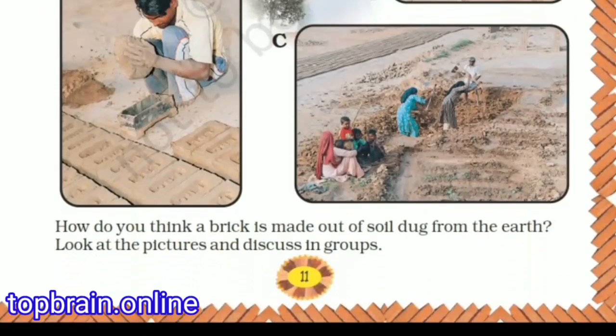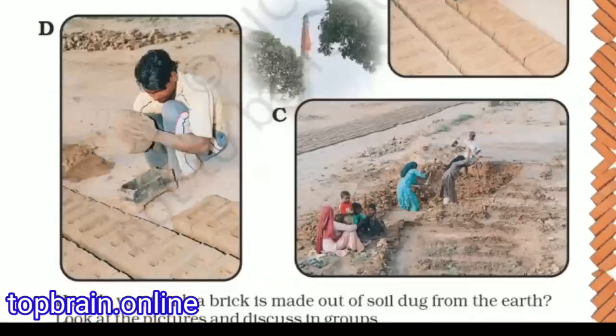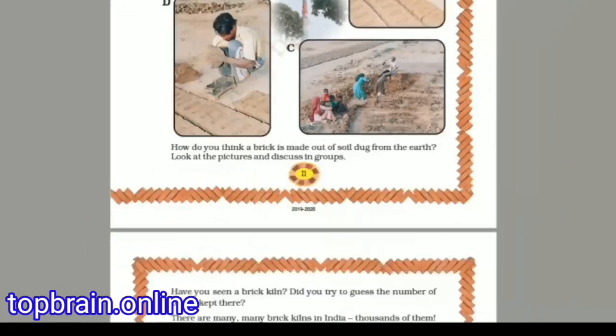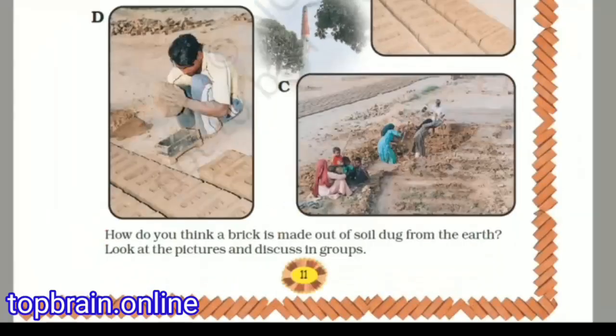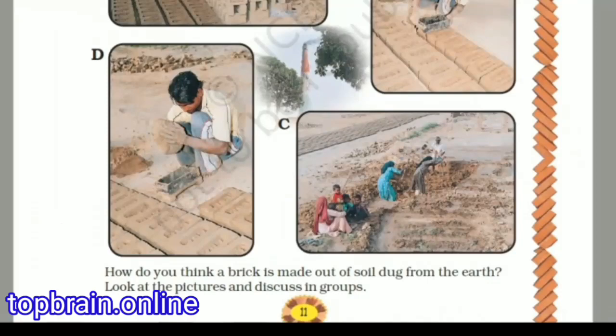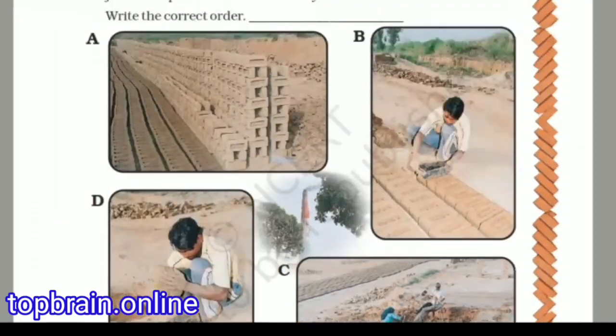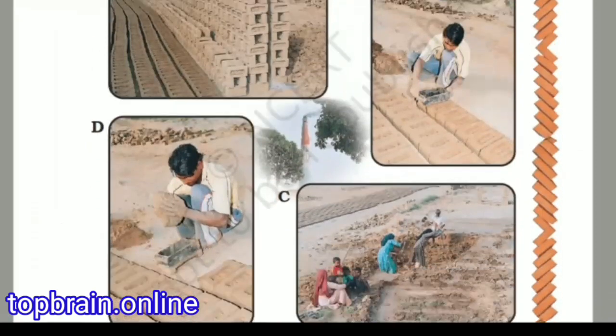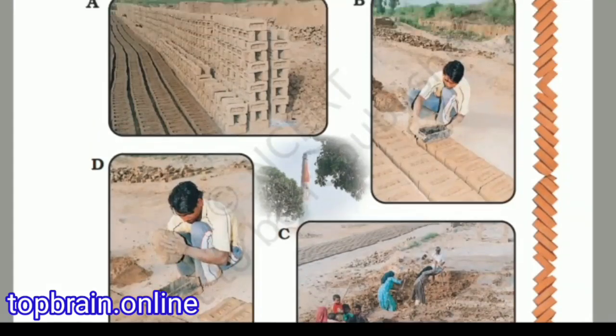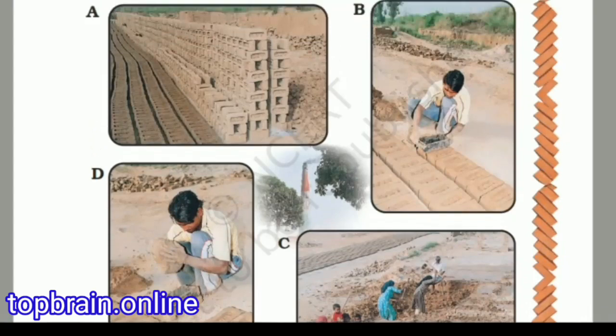So what will be the sequence? So first we dig the soil, so C will come first. After that we make it into clay and put it into the mold, and after that the molded bricks are arranged in a line, and all the air dried bricks are arranged in this pattern.